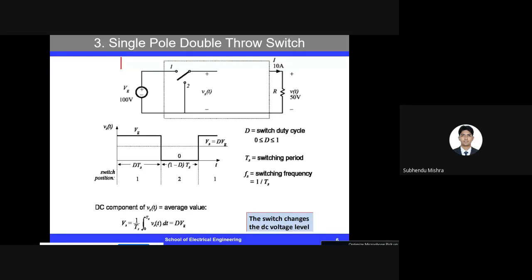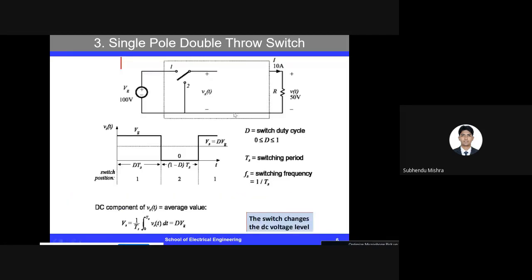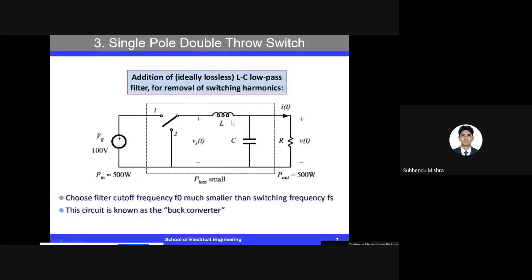Okay, so with this, we can realize this. At the output, we can use an LC filter. And this LC filter will hopefully be lossless, because if you go back and remember from basic electrical engineering, the inductor and the capacitor don't really use any real power.